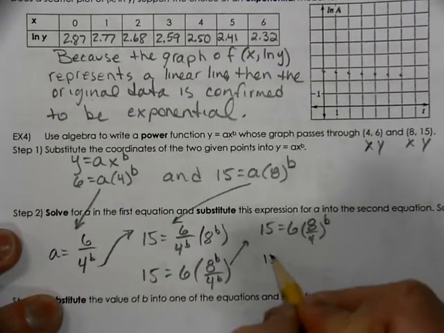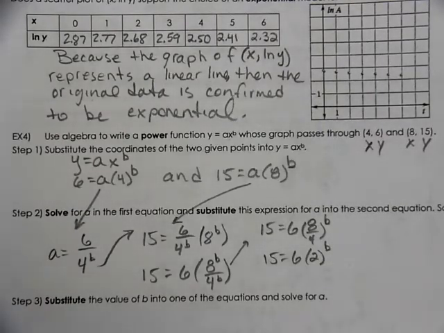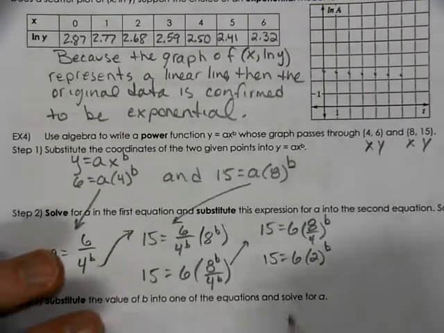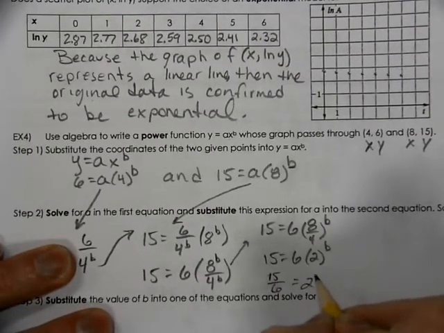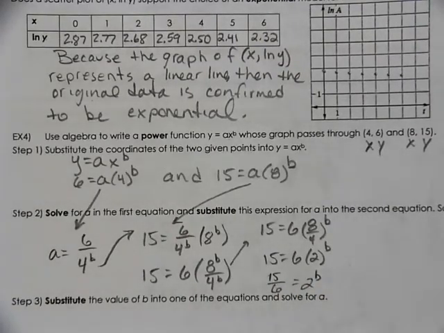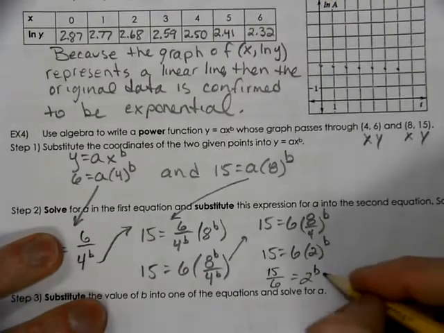Now I can see that 8 divided by 4 is 2. And my goal is to get the b by itself. So I'm going to divide by 6. And I'm left with 2 raised to the b equals 15 over 6. You can reduce 15 over 6 if you like.